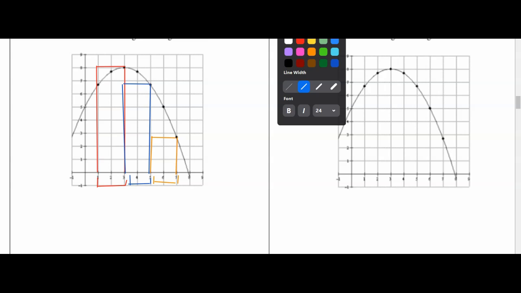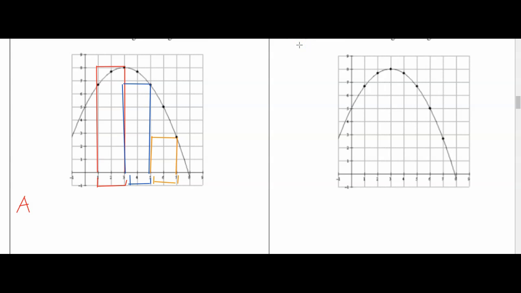So same idea, right? Area of the red. Base is still 2. My height now is f of 3, though. So it's going to be 2 times f of 3. That gives us 16 exactly.